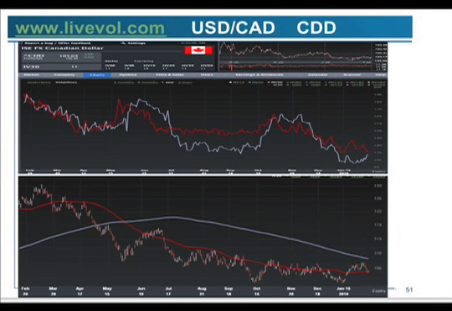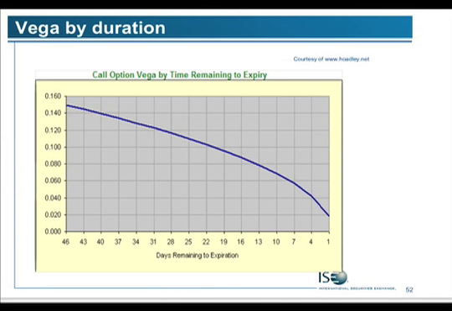So Vega by duration. We see much higher Vegas as we move out in time. So if I was only concerned with Vega, I might buy short-dated options. Problem with short-dated options is that I'm getting more theta. So you sort of get my point.